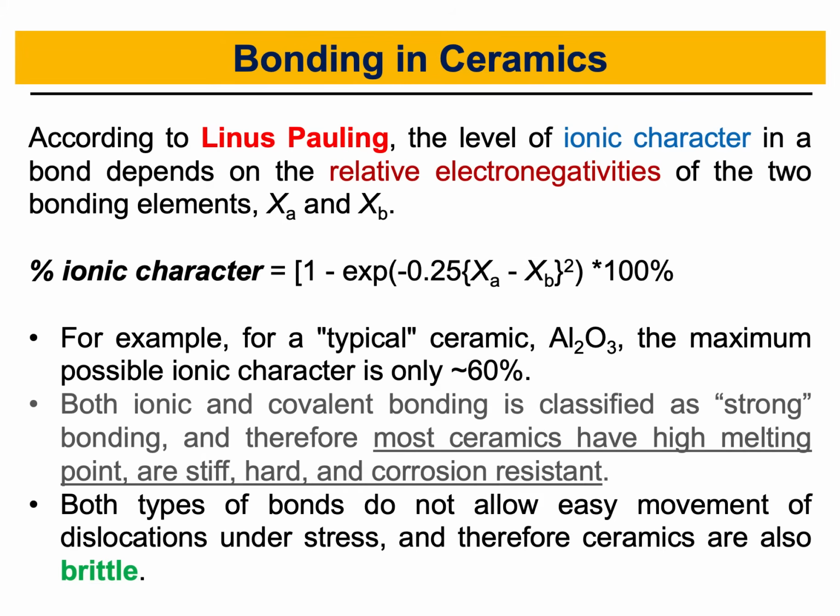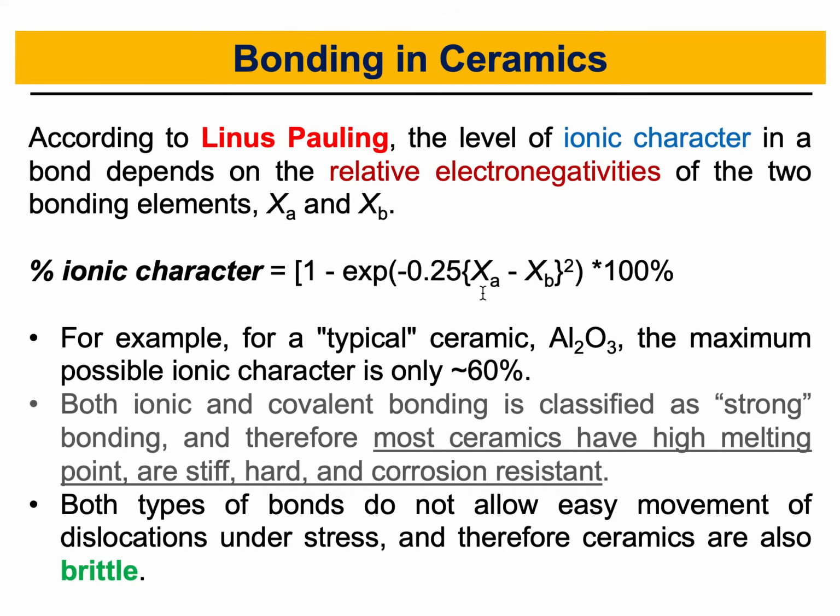He said that you can characterize the ionic nature of the bonds in a ceramic using the relative electronegativity. We talked about electronegativity before, so that some elements are more electronegative than other elements. So you can calculate the percent ionic character as 1 minus exp(-0.05 multiplied by (xA minus xB)).